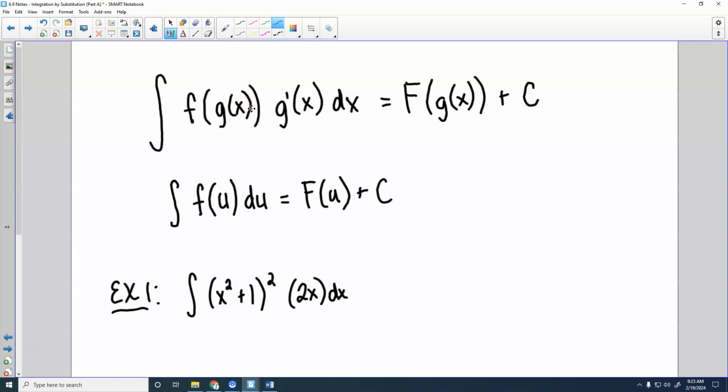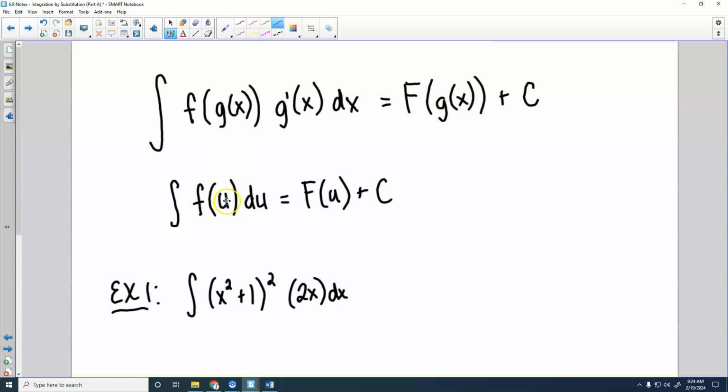In order for us to integrate this, to go backwards from the chain rule, there will have to be the g prime of x right here. So we will have f of g of x times g prime of x. And then when we integrate that, when we go backwards, it will give us capital F of g of x.